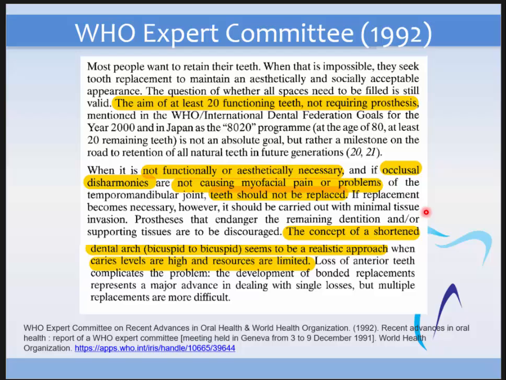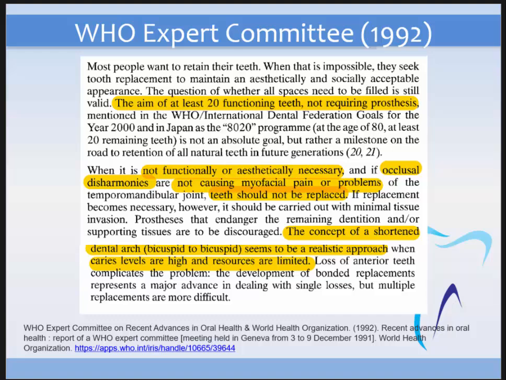In 1992, a group of expert committee gathered together, and they came up with a document saying that the aim of oral health care is to maintain at least 20 functional teeth and not requiring any prosthesis. So they propose that the aim is we should keep at least 20 functional teeth, meaning 20 teeth that are occluding.